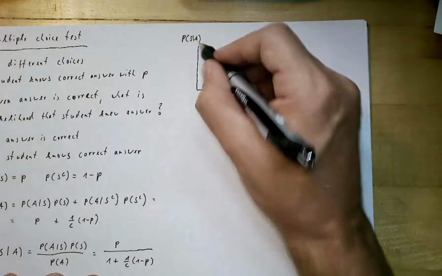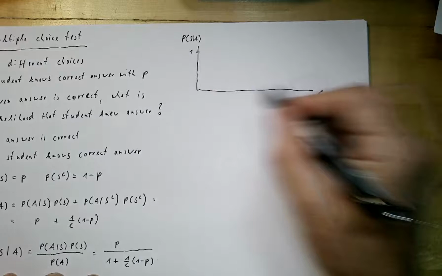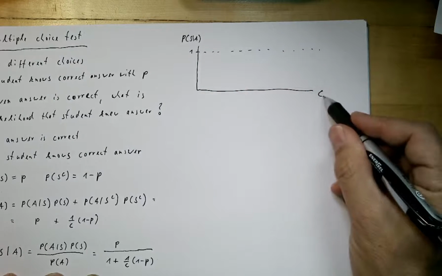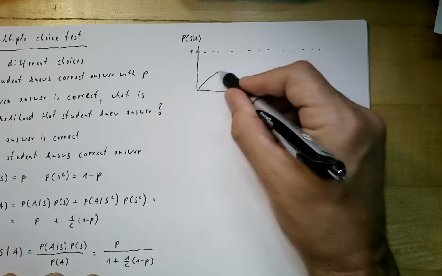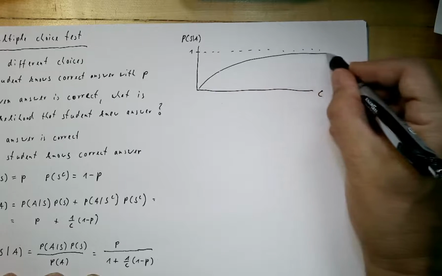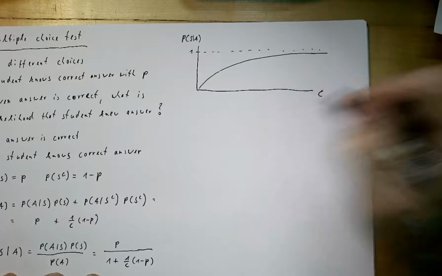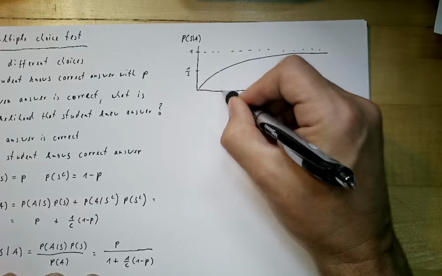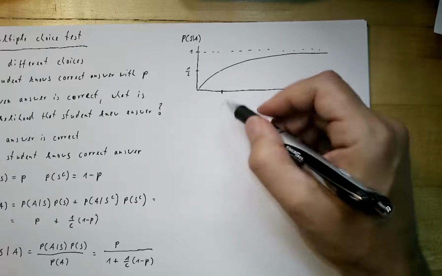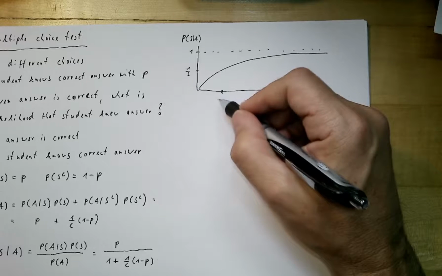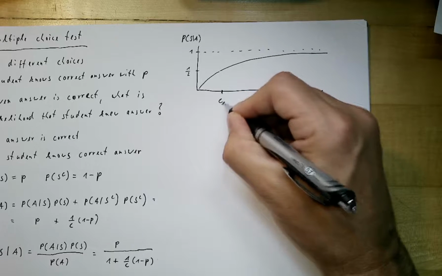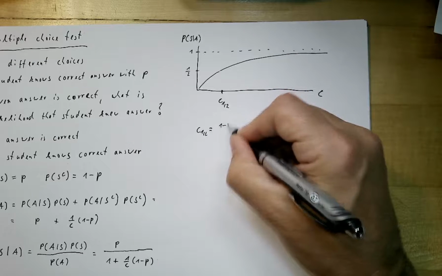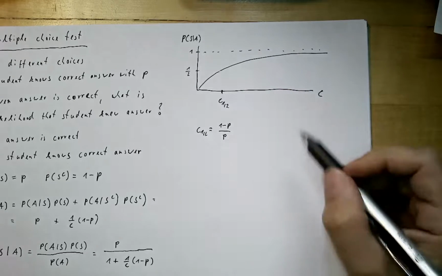This goes to 1 when C is very large. And we have a half saturation constant when C equals (1 minus P over P).